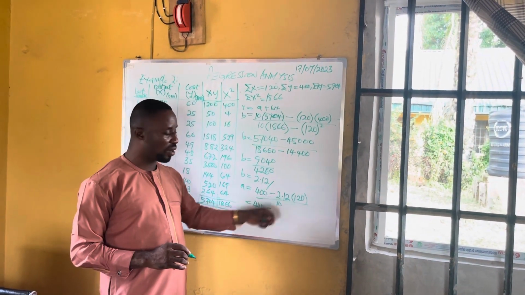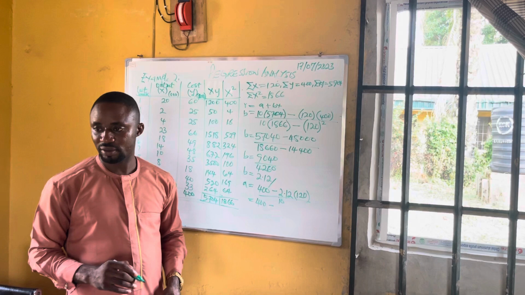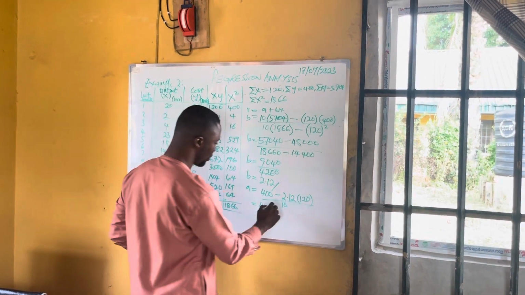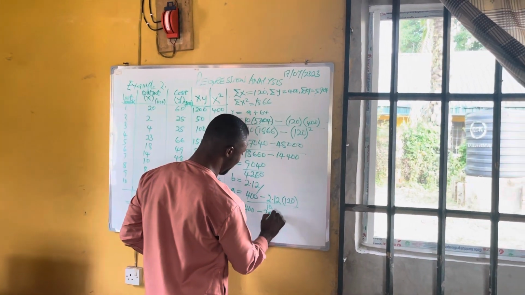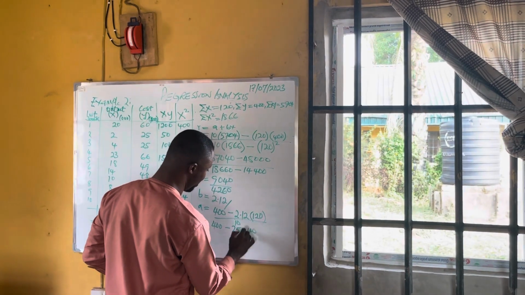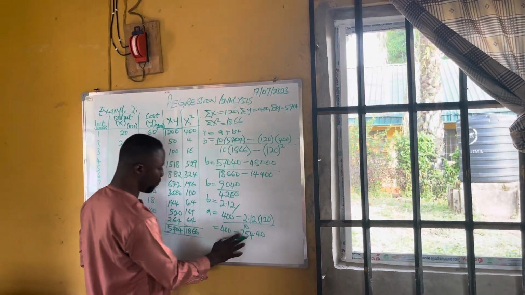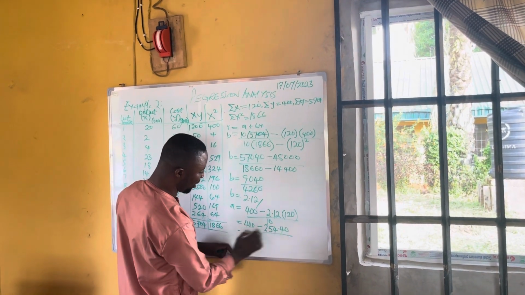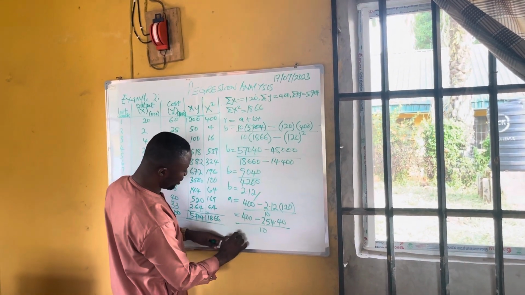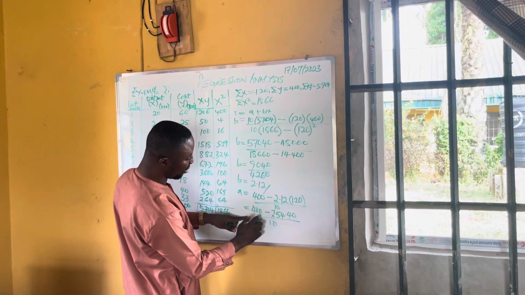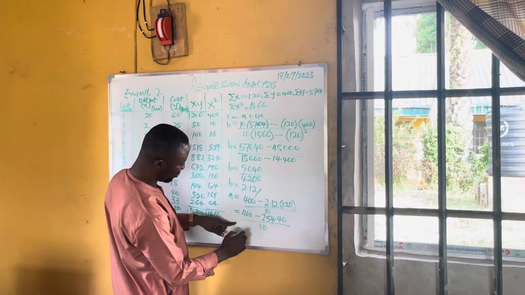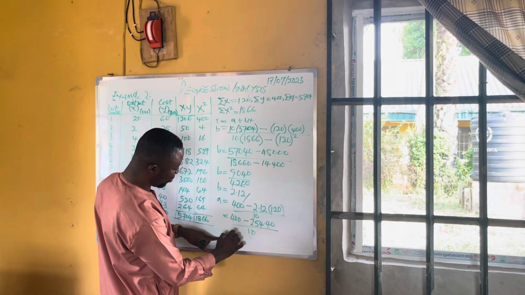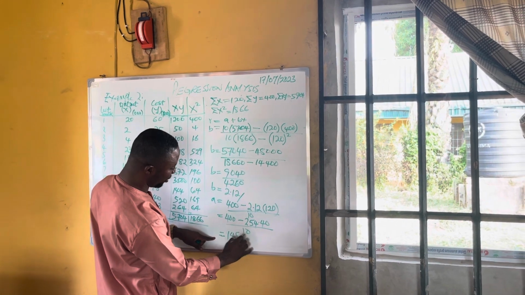2.12 times 120 is 254.4. 254.40, because we are operating with two decimal places. Divide by 10. So it is 400 minus that, which is 145.60.